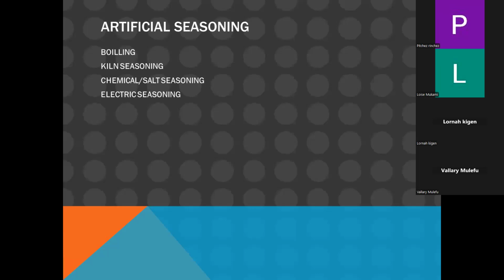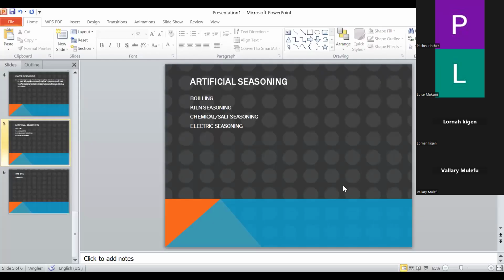I want us to go to the artificial seasoning, whereby there are 4. There is boiling, kiln seasoning, chemical or salt seasoning, and electric seasoning. I want to put you into groups so that you can discuss this.